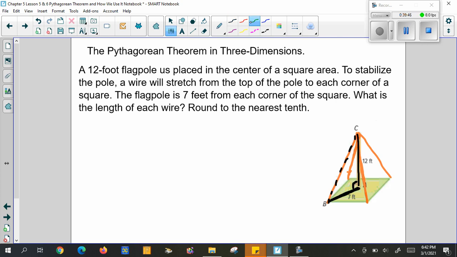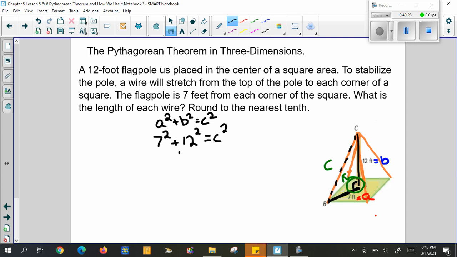To solve this, first off, we need to see that the wire is the hypotenuse. So my measurements of 7 and 12 are the legs. And since we could create a right triangle, we go with the Pythagorean theorem. I'm going to go through the steps.